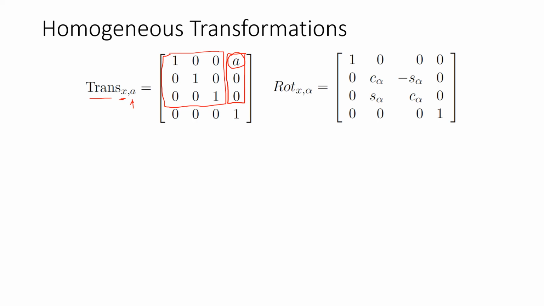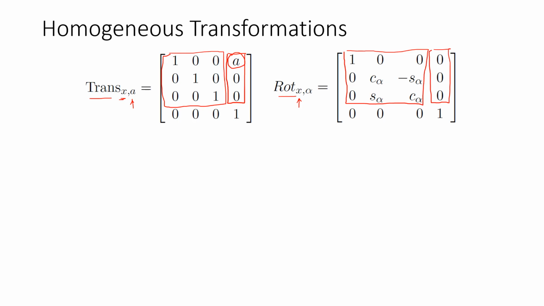Similarly, for the rotation happening about the x-axis by an angle alpha, you can see that this rotation matrix is what you have seen already in case of rotation matrices. We have discussed the rotation about x already, so this takes the same shape that we have seen already. And obviously there is no translation, so that's why this vector over here becomes 0, 0, 0.